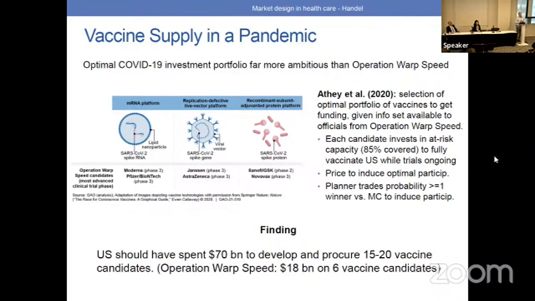And one of the lessons from this literature that we've seen across several papers is that in a pandemic, you want the regulator to incentivize capacity building in parallel with the clinical trials for the vaccine.